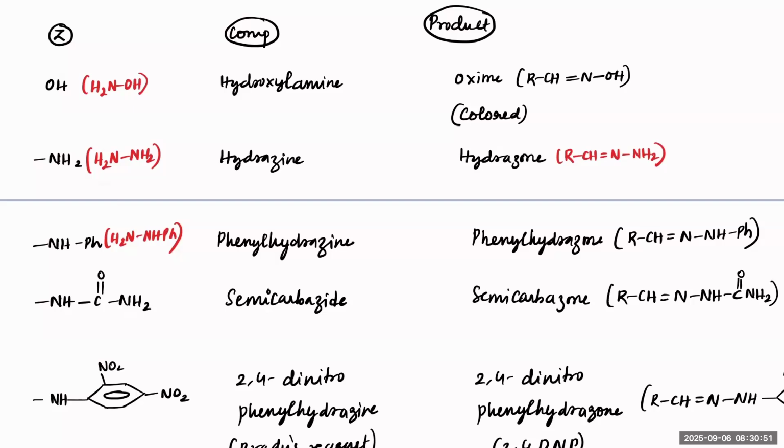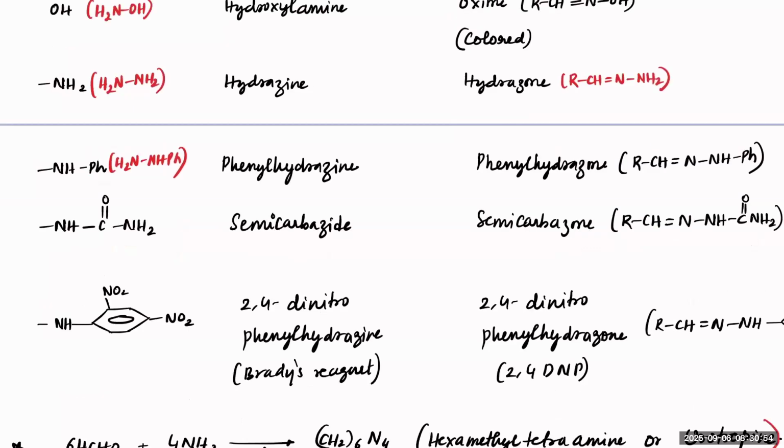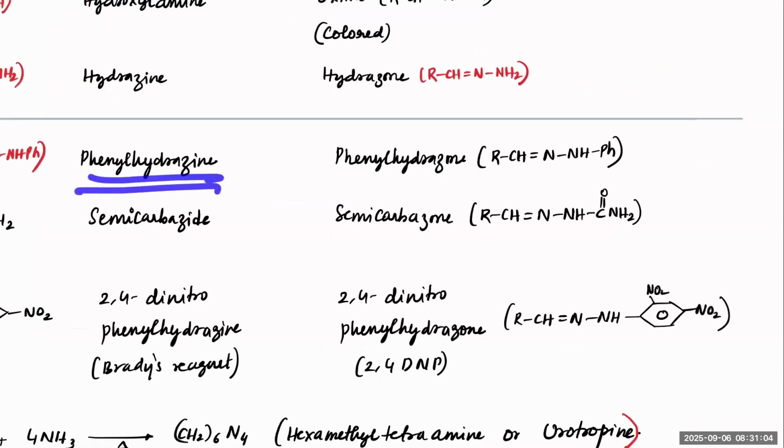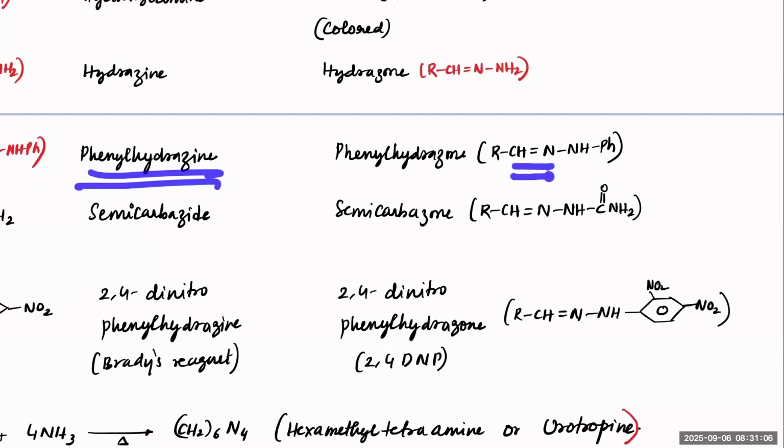In the same way, if instead you have NHPh along with NH2, then that is called phenylhydrazine. With C double bond O, it will now become C double bond N, NHPh. So what is this one? Phenylhydrazone.